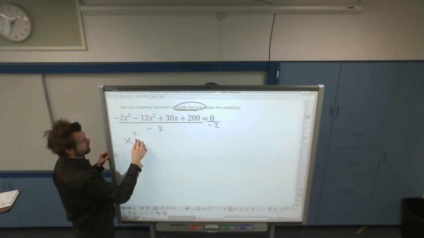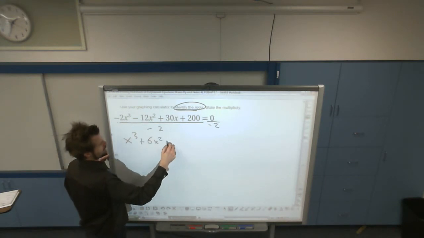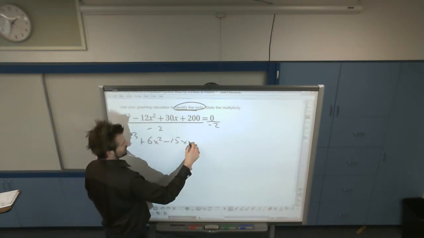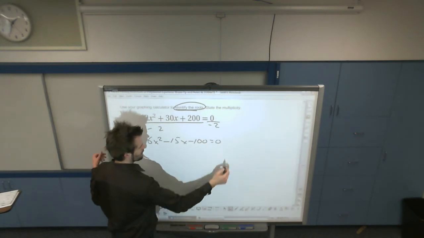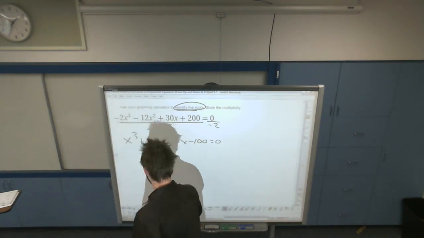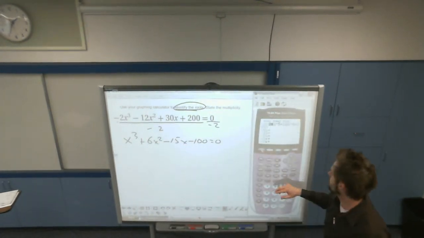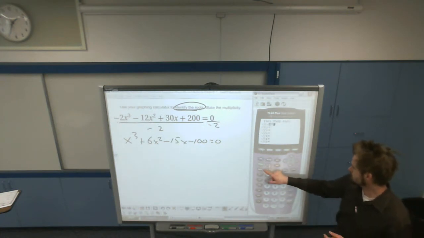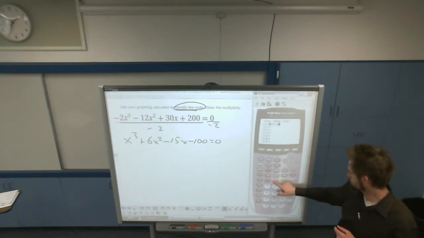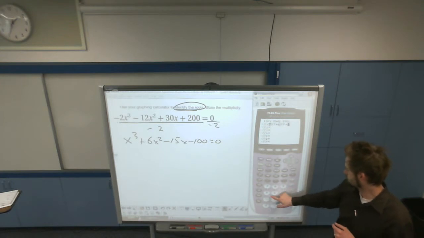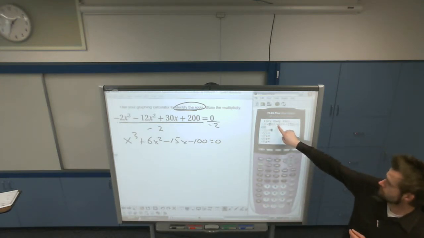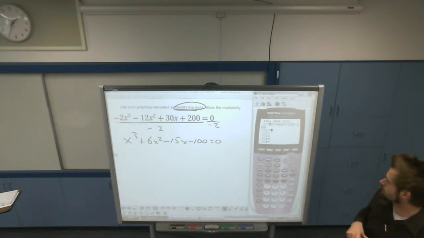So we have x^3 + 6x^2 - 15x - 100 = 0. That's the thing you're going to put in your graphing calculator. x^3 + 6x^2 - 15x - 100. Hit zoom 6. We should all be looking at that.